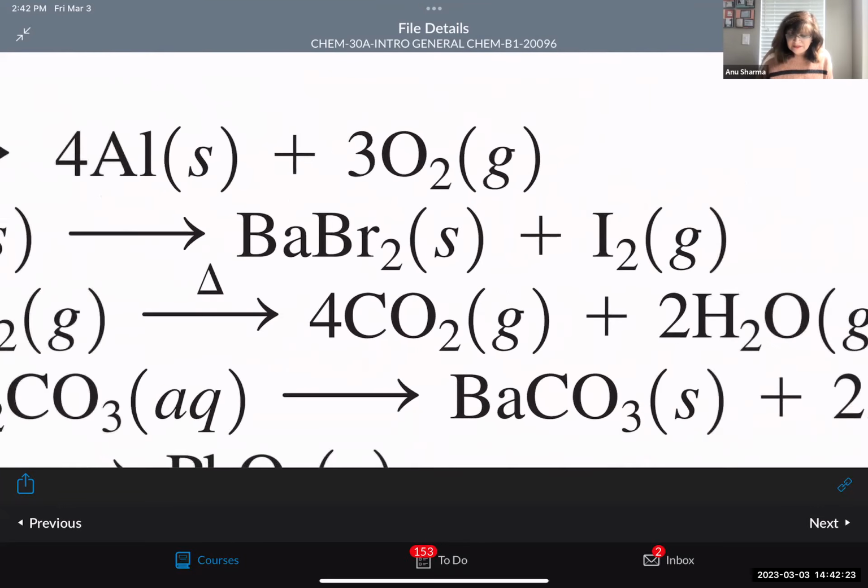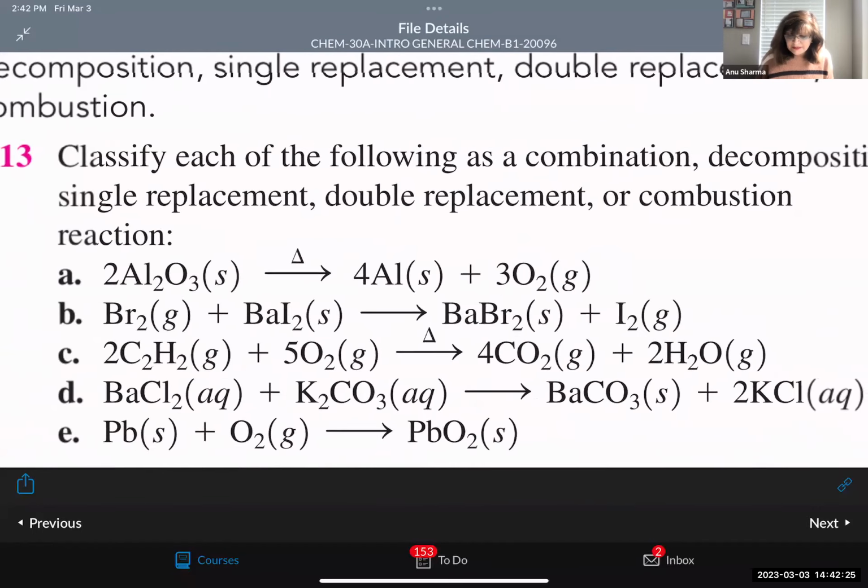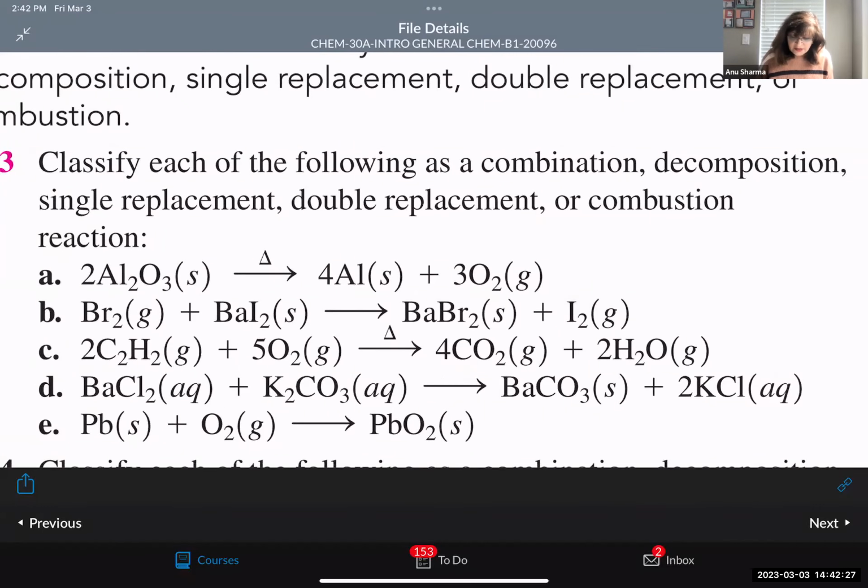So in this case, this looks like a single displacement reaction. It is not a combination because it's obviously breaking up the bond of one of the entities. It's not decomposing, it's not double displacement, it's not combustion. So it is a single displacement reaction where one entity breaks the bonds of the other entity and relieves one of its components.